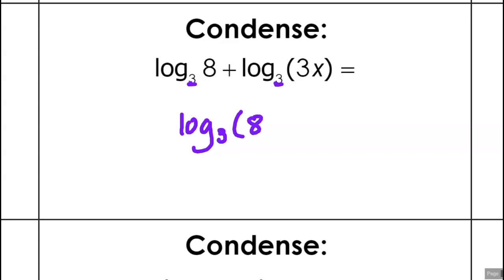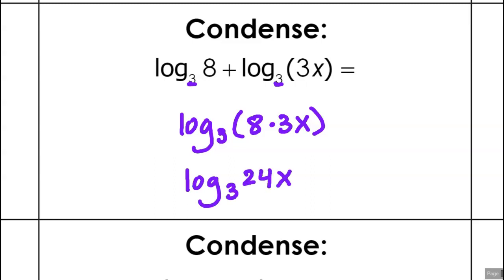So I have 8 times 3x, which is equal to 24x. This is like our m. This is like our n. So we multiply the two arguments.